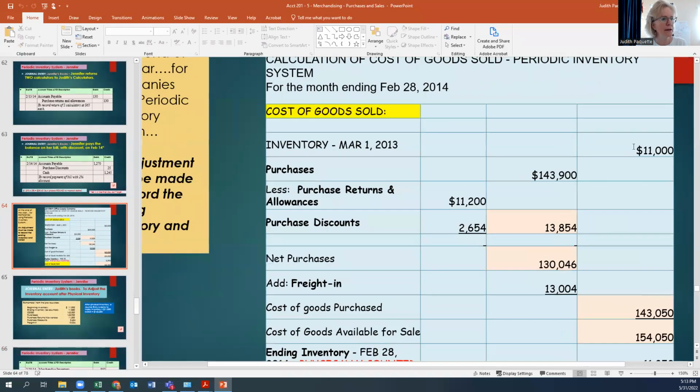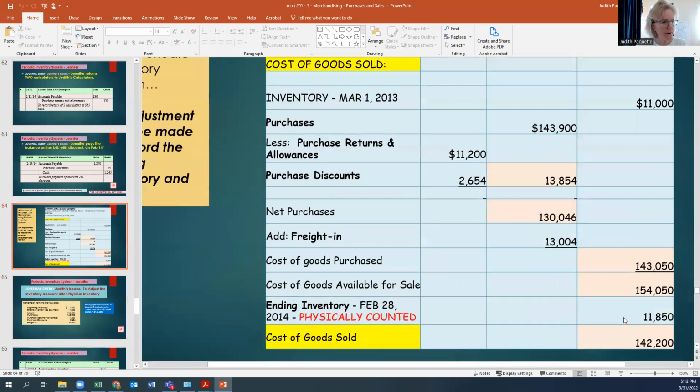The numbers I really care about is that one, beginning inventory, purchases, 143,900 minus 11,200 minus 2654 plus freight equals cost of goods purchased. Don't forget to add your beginning inventory. That's your goods available for sale. Oops, sorry. Minus your ending inventory is your cost of goods sold.